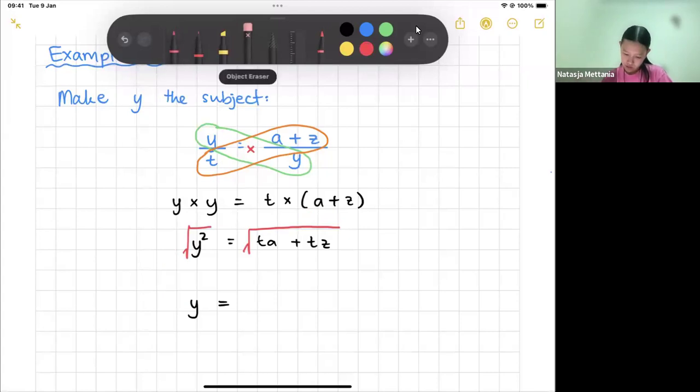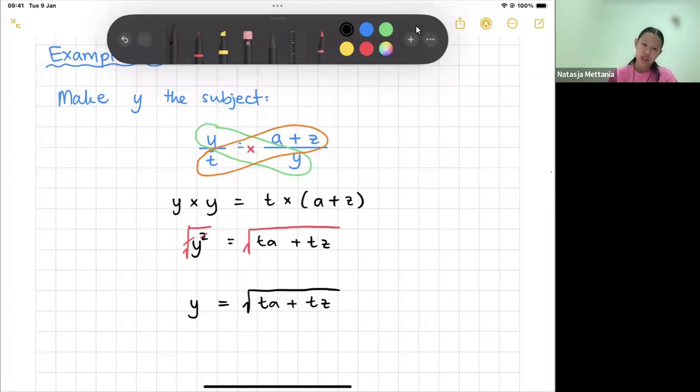The squared and the square root on the left-hand side cancel out. I'm left with y, and my answer is going to be the square root of ta plus tz. That's it. Super easy.